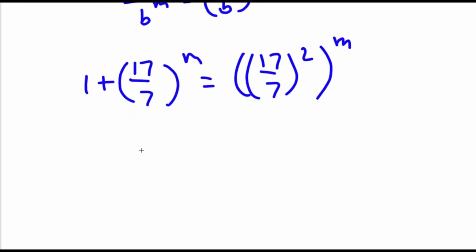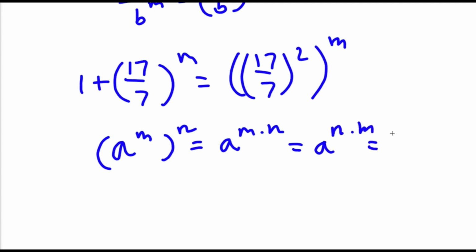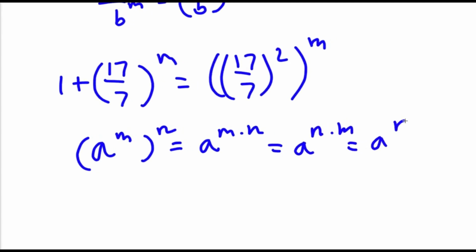Now, if I have something in the form (a to the power of m) to the power of n, this is equal to a to the power of m times n, right? And a to the power of m times n, these two are interchangeable, meaning I could rewrite this as a to the power of n times m. And this means that this is equal to (a to the power of n) to the power of m.